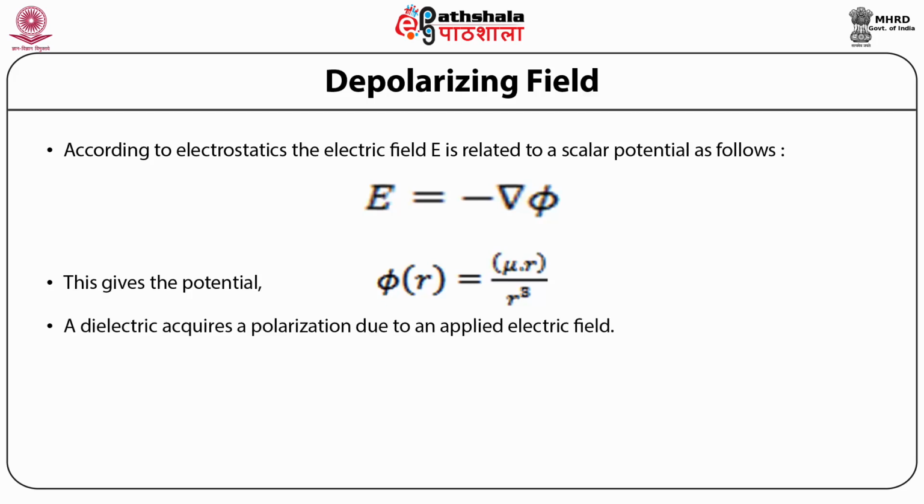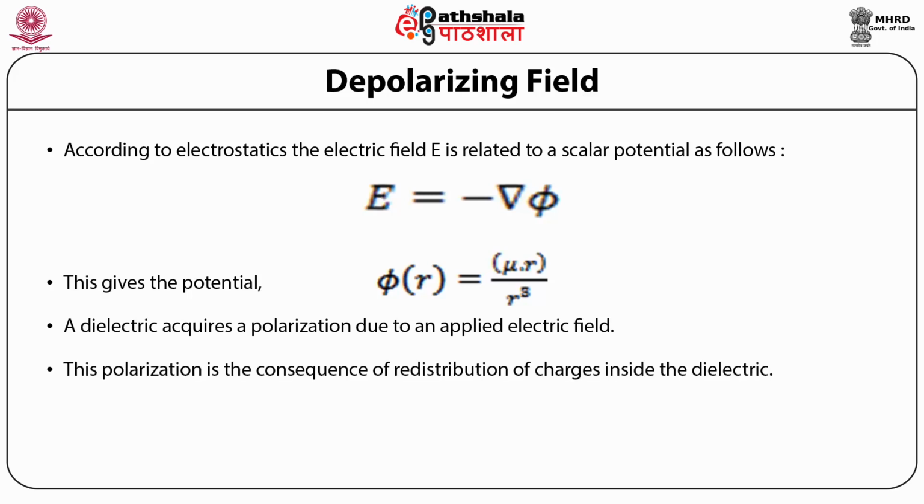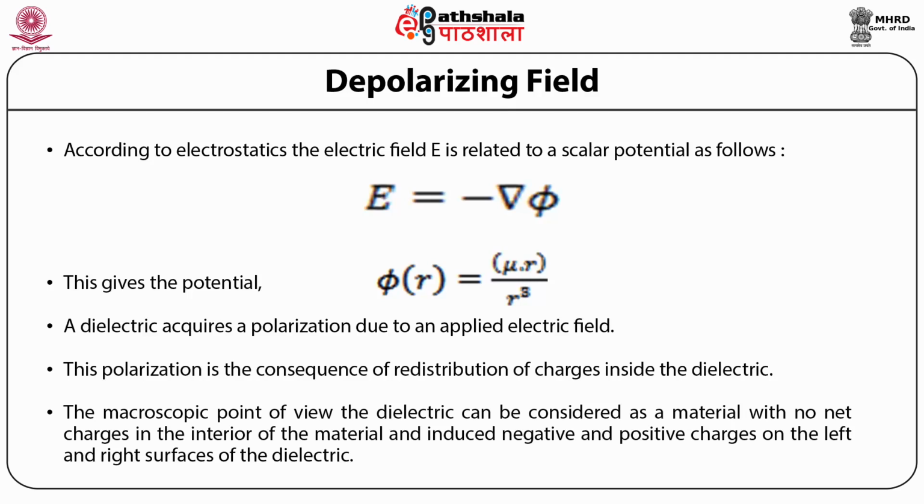A dielectric acquires a polarization due to an applied electric field. This polarization is the consequence of redistribution of charge inside the dielectric. From the macroscopic point of view, the dielectric can be considered as a material with no net charges in the interior of the material and induced negative and positive charges on the left and right surfaces of the dielectric.